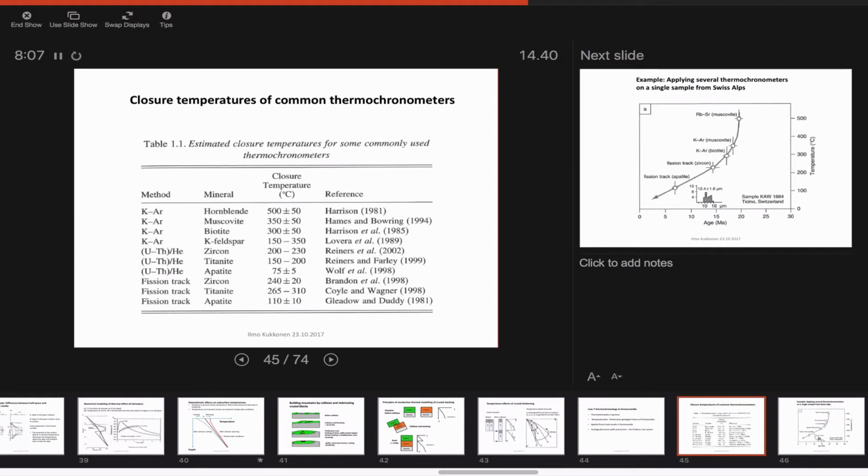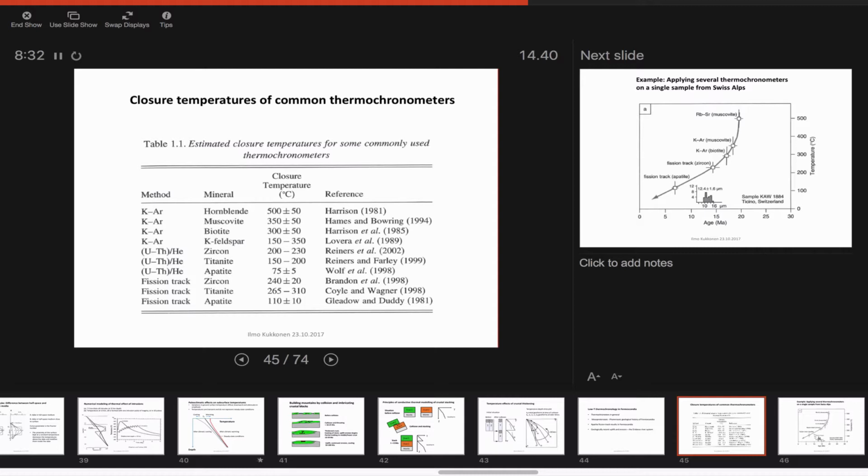Looking at the thermochronometers. In the morning, Dave already described the concept of the closure temperature, so the temperature at which the diffusion of the different radioactive products in the hosting crystals is actually stopping.